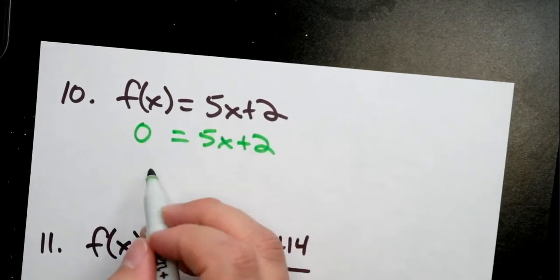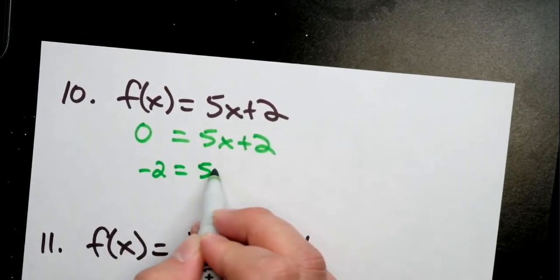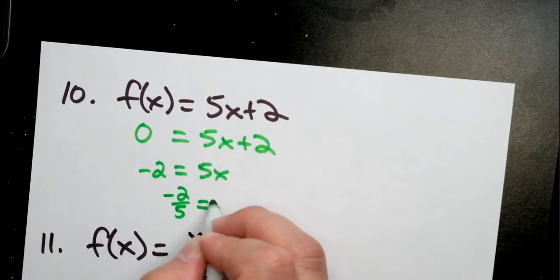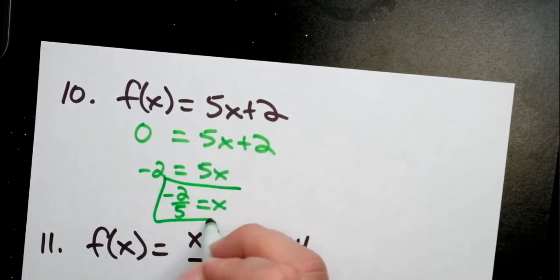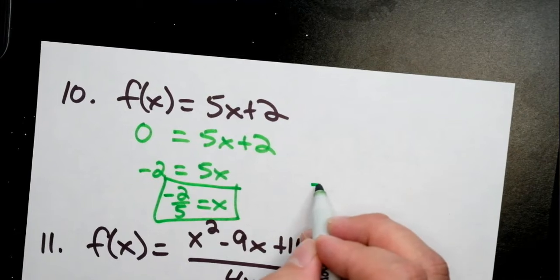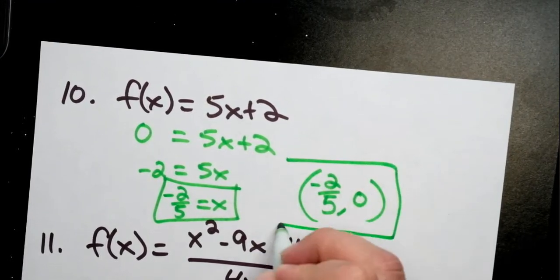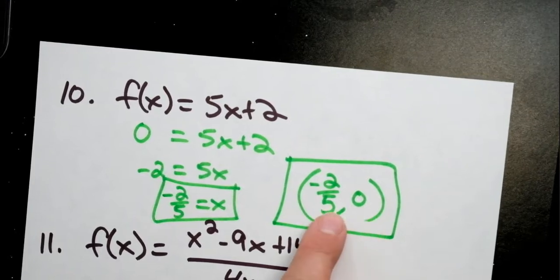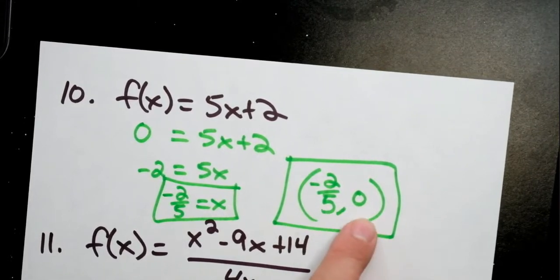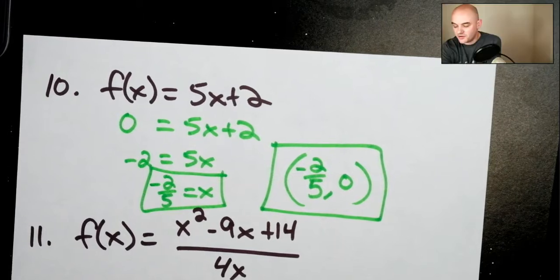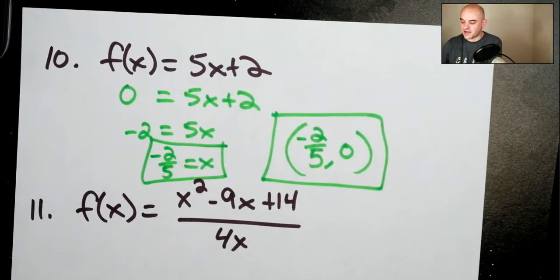In this case, we're going to subtract 2 from both sides, and then divide both sides by 5. We get negative 2/5 is equal to x. That is our zero there. And you can write this out as when x equals negative 2/5, y is equal to 0. All right, so that is a point, not interval notation anymore here. You've got to think of the context of the problem. That is a point on the graph where it crosses the x-axis.